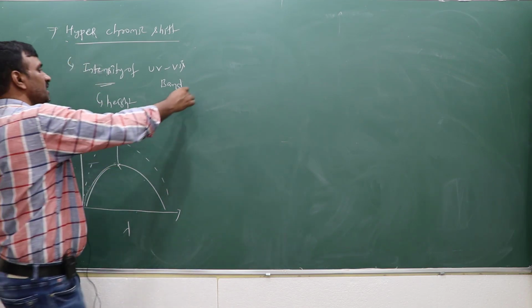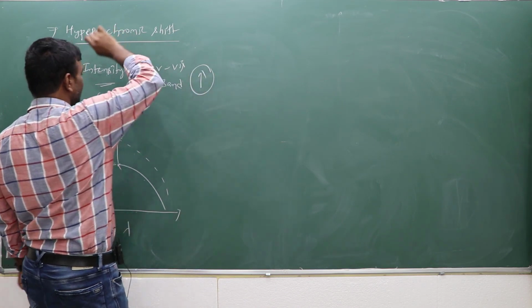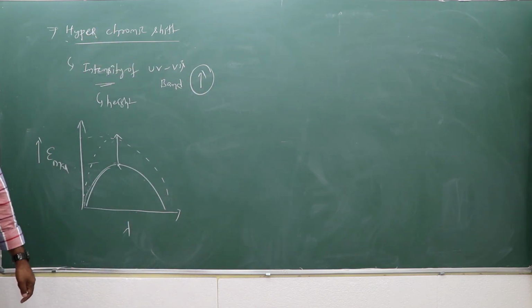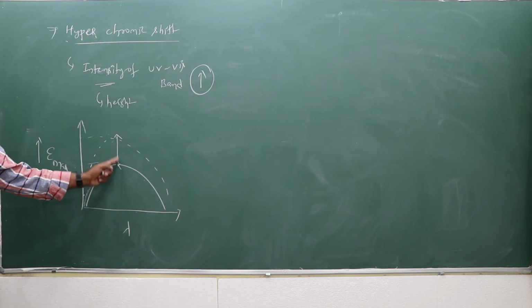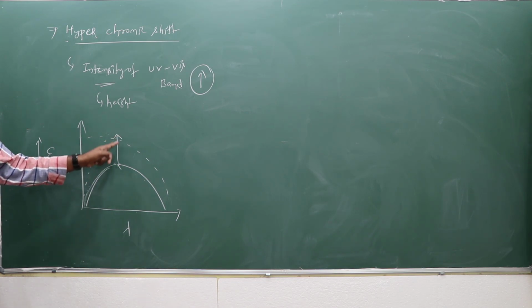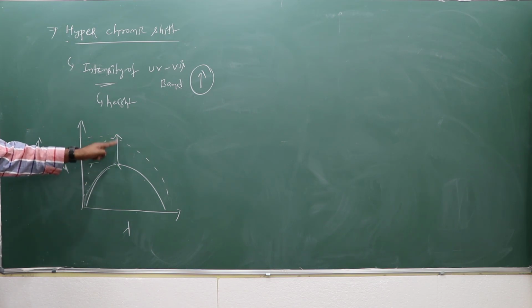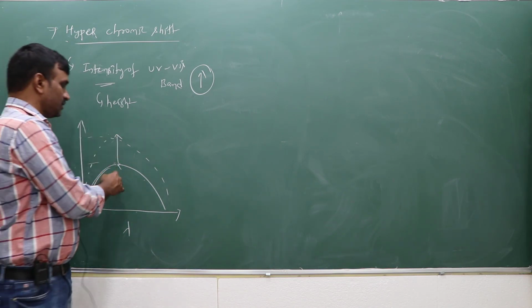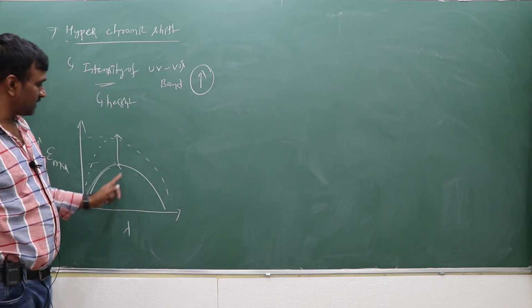The intensity or height of the UV visible band is enhanced or increases. The intensity increasing is nothing but the epsilon maximum of the UV visible band increasing, which is the height of the band. The absorption position moves from this position to this position towards the upper side.